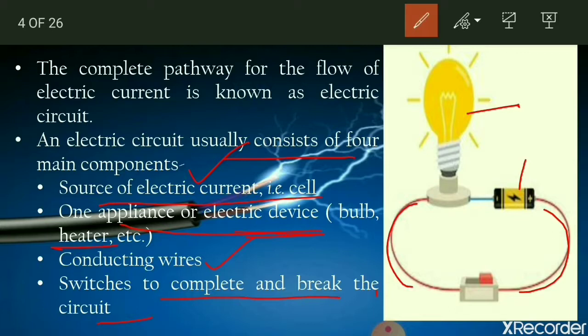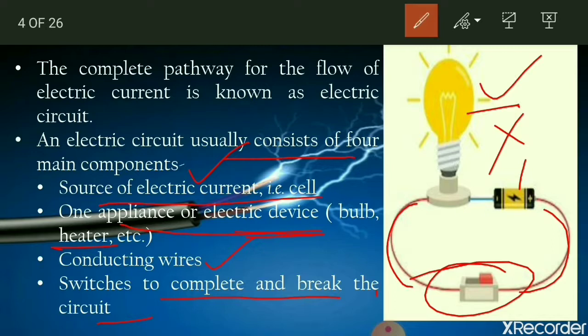And switches to complete and break the circuit. This is the switch. When we switch it on, the circuit is completed, electric current flows, and the bulb will glow or any device will work. When we switch it off, the circuit is broken, and at that time the electric current will not flow, and the bulb will not glow or any other device will not work.